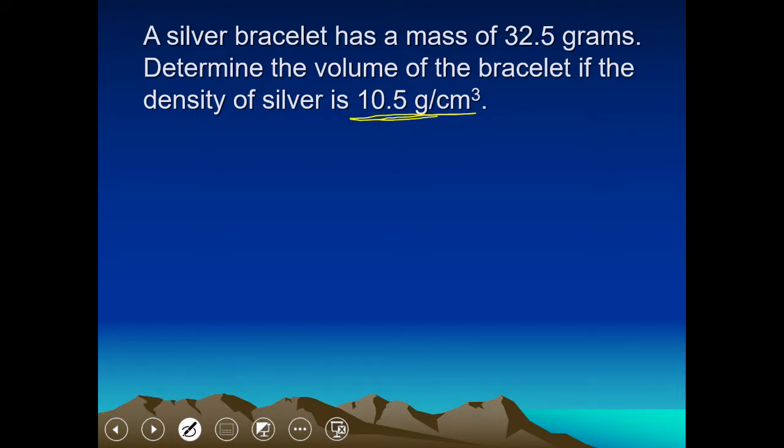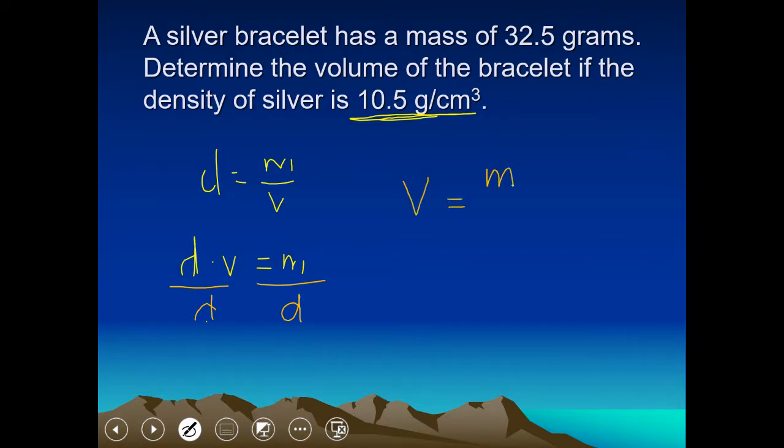So what volume would I be expecting? Well, remember, density is mass over volume. So we rearrange that: density times volume is mass. And then I need to get the volume by itself, so I'm going to divide both sides by the density. So we can see that volume is equal to mass divided by density.